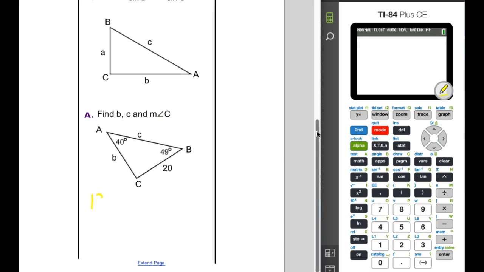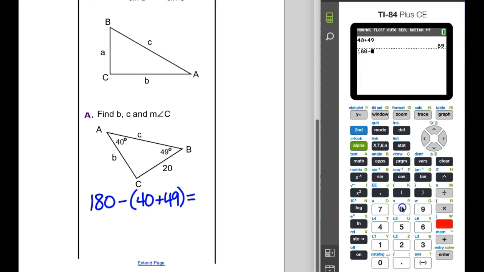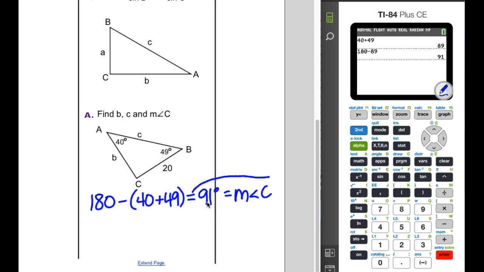So we take 180 minus the sum of 40 plus 49, and we will get our measure of angle C. We're going to use a calculator. We take 40 plus 49, and we get 89 degrees. Then we take 180 minus 89, and we get 91. So the 91 degrees is the measure of angle C.